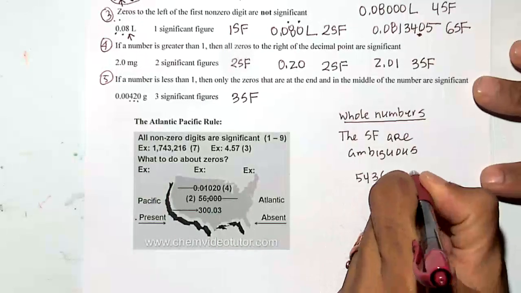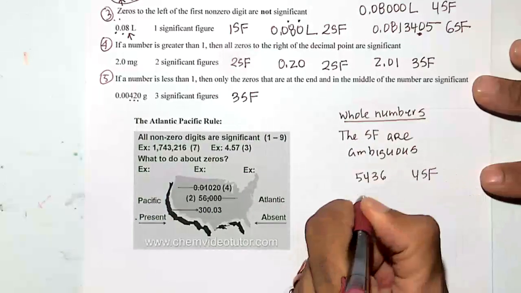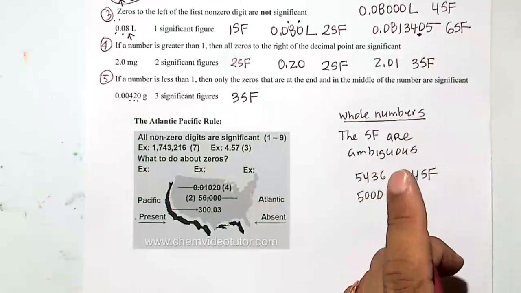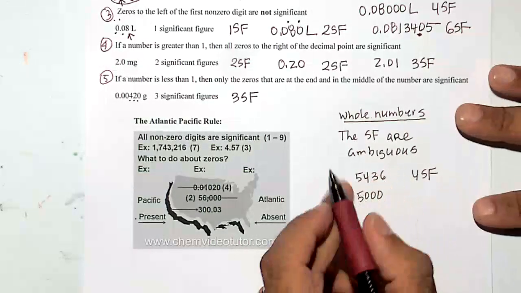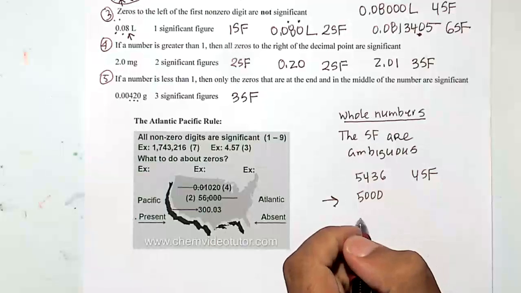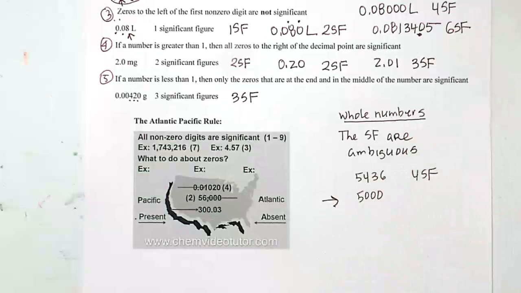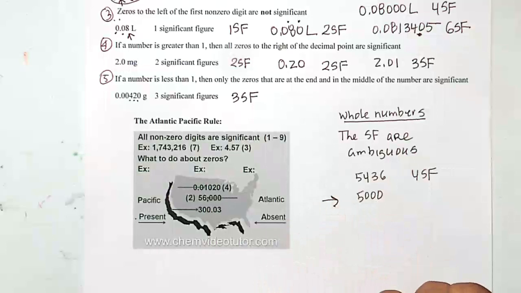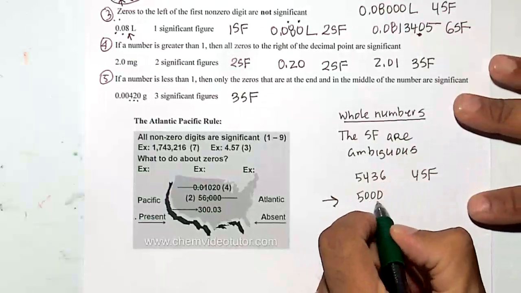Well, this has how many sig figs? 4. But the minute I do 5,000, we can't say. It could be 4, it could be 3, it could be 2, or it could be 1. It's a whole number, but again, these zeros are a tricky matter.